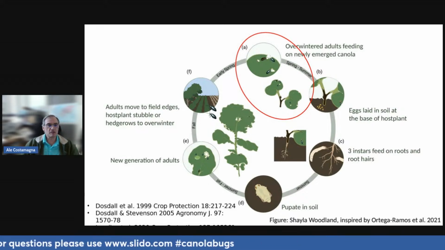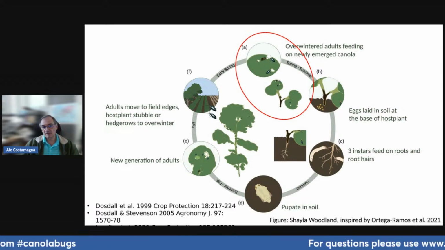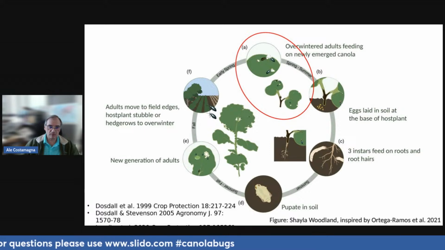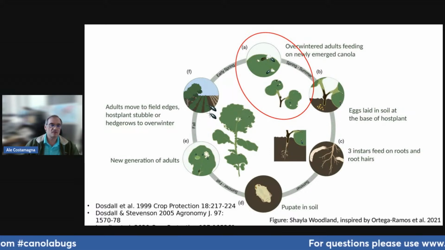And then they will pupate, emerge as adults late in the summer. And those adults typically will be the ones that go to overwinter until next year. Now, there's some evidence that with global warming, there might be another generation occurring of some of these species in the prairies, but typically we expect to have only one generation.